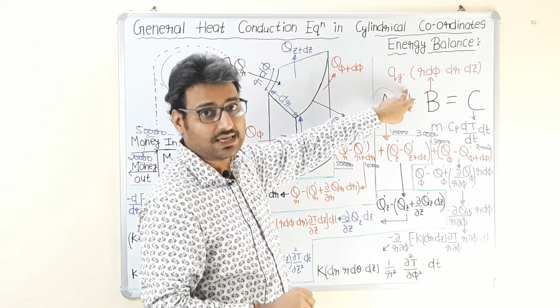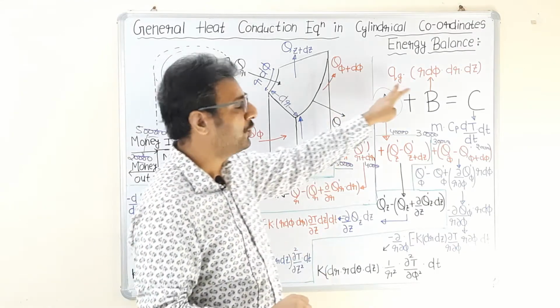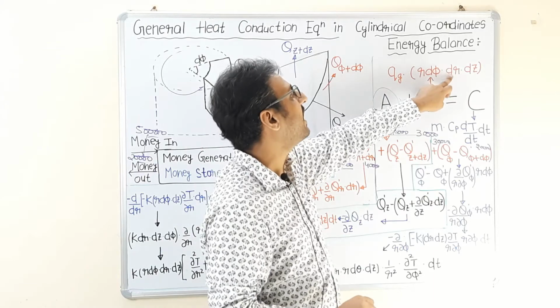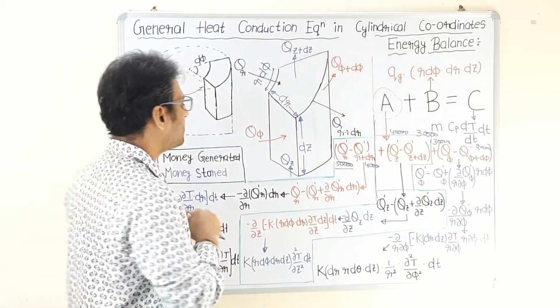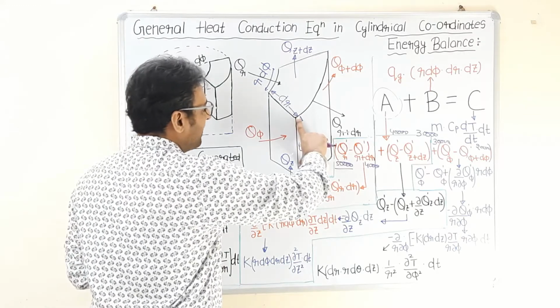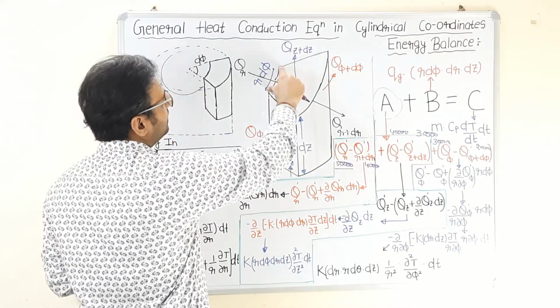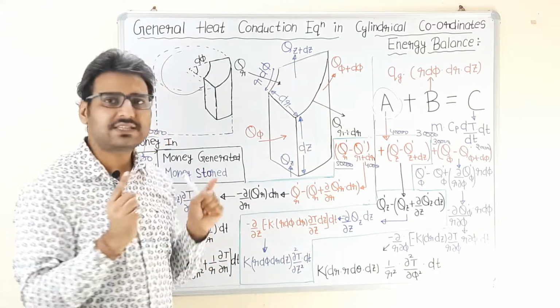Small qz is the heat generated in the element per unit volume, and r d phi dr dz is the volume of the element, because this dimension is dz, this dimension is dr, and this dimension is r d phi.